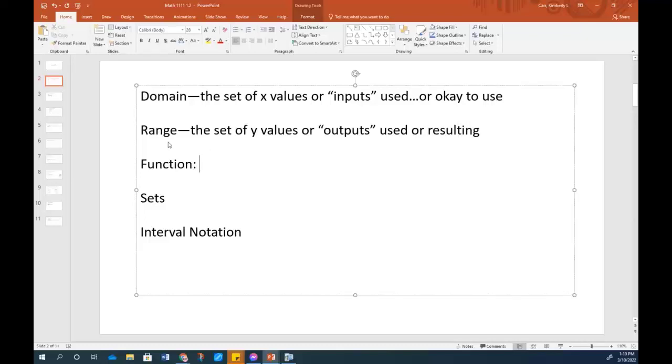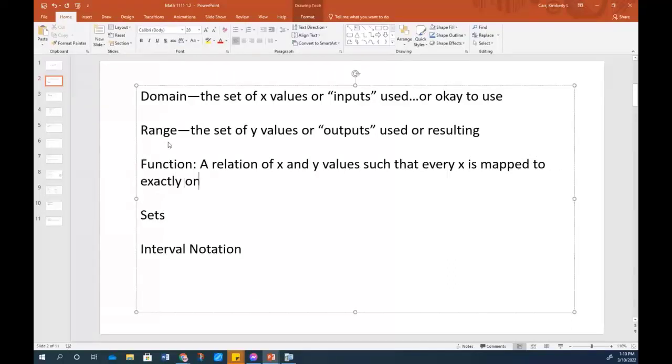A function is a relation of x and y values such that every x is mapped or paired with exactly one y.